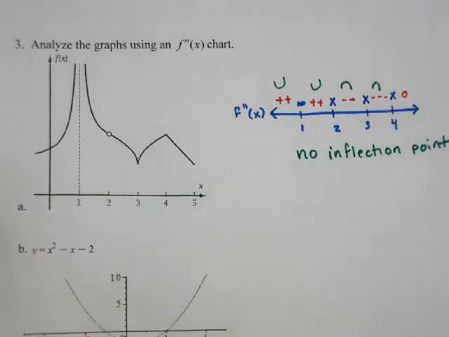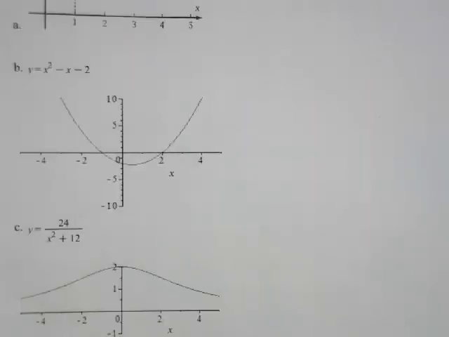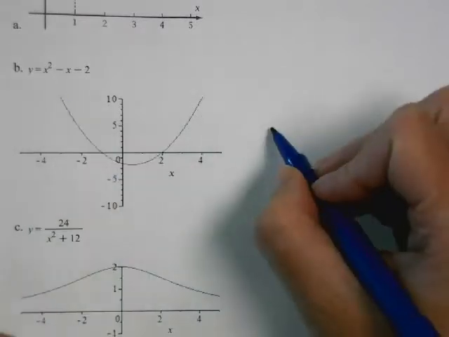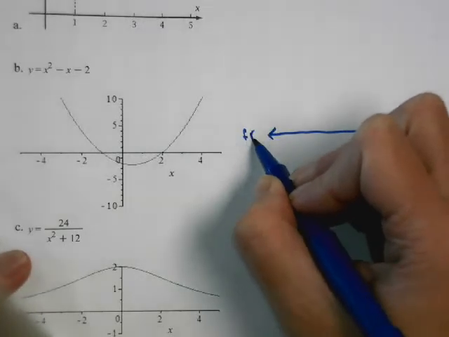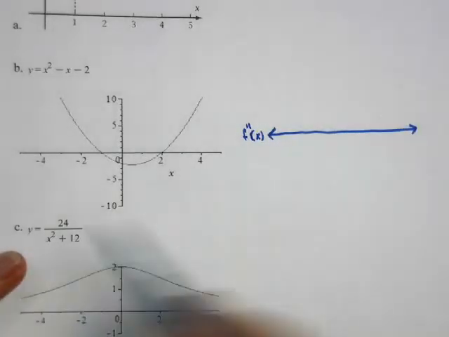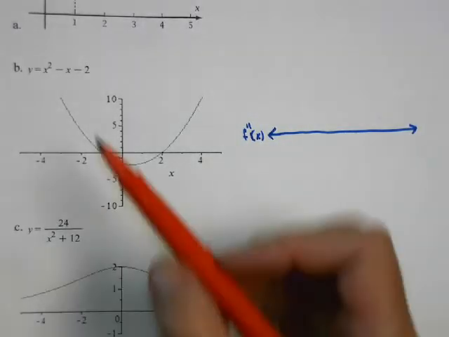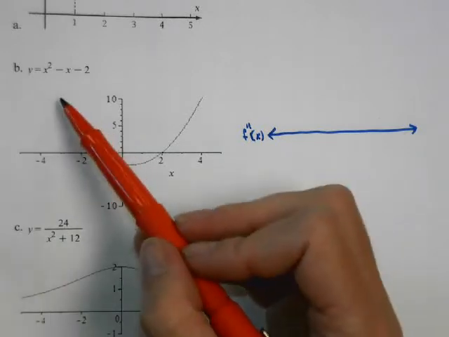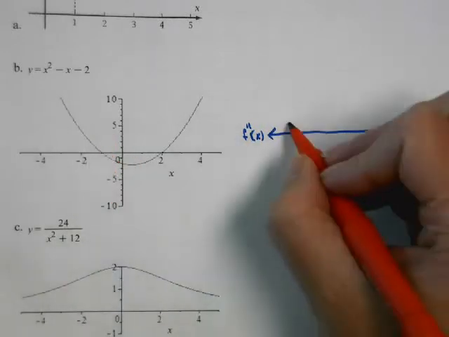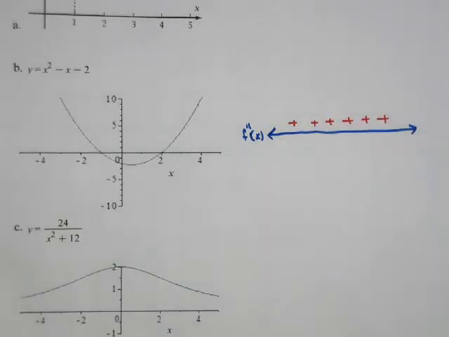So let's look at a couple simple examples. We have a parabola, and we're going to create a chart for the second derivative. The derivative of the derivative, so we're just looking at the concavity, this one is always concave up, which means the second derivative would always be positive.